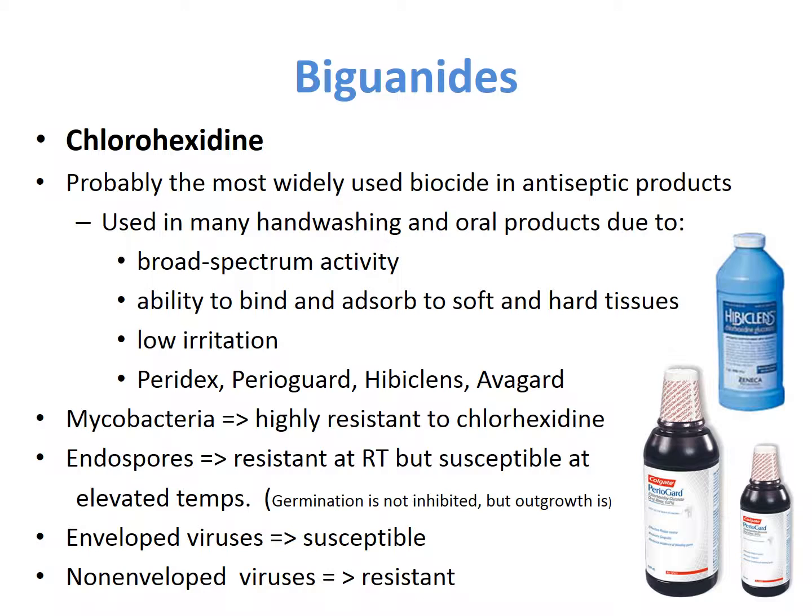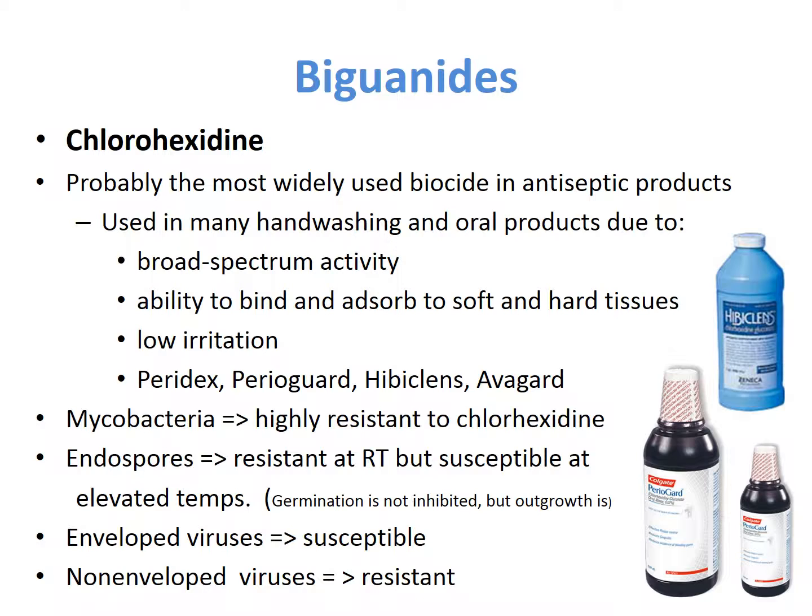It causes very low irritation on biological tissues. Some examples of chlorhexidine-containing products include Paradex and Perioguard, which are both mouthwashes, Hibiclens, which is a hand wash, and Avagard, which is also a hand wash.